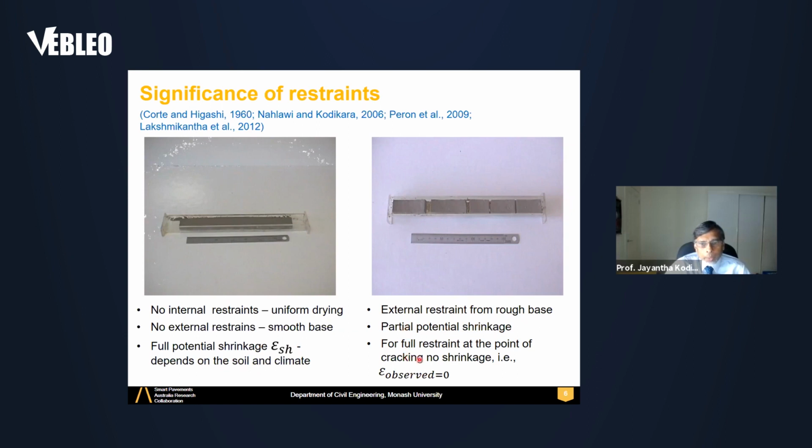Therefore, you get tensile stress development and cracking. Full restraint means no shrinkage at all is observed, but cracking suddenly appears, because it's an internal stress development.